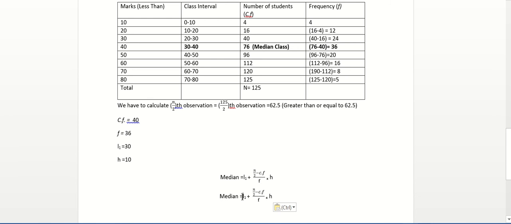Now I will put all these values into this formula of median. So here L1 is 30. N by 2 is 62.5 minus CF is 40 divided by frequency is 36 into H is 10. Right? Now I will just solve it.